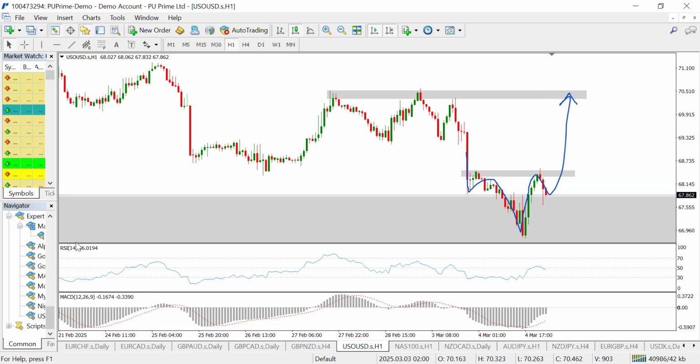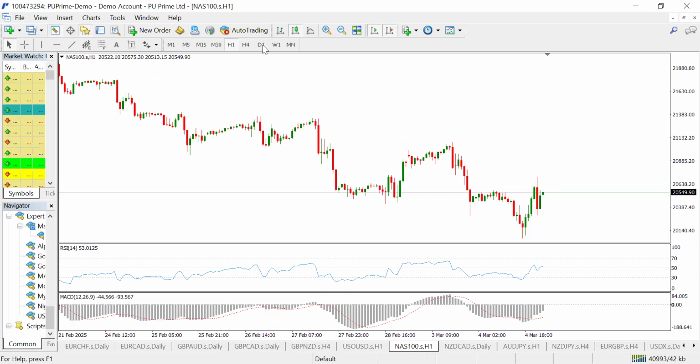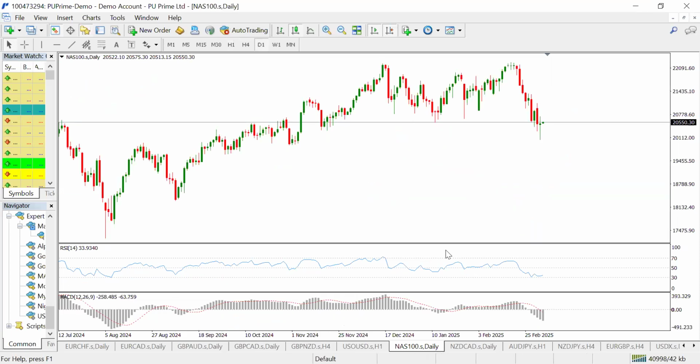And finally, we're looking at the NAS 100. Now, NAS 100 also closed as a rejection candle on the daily time frame, and equally at a support zone, just like what we saw on the US oil.